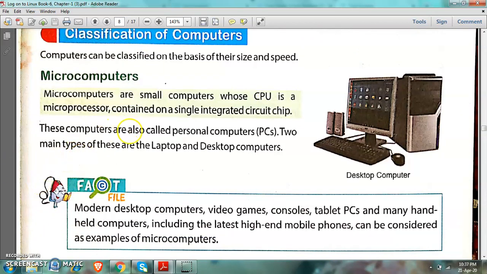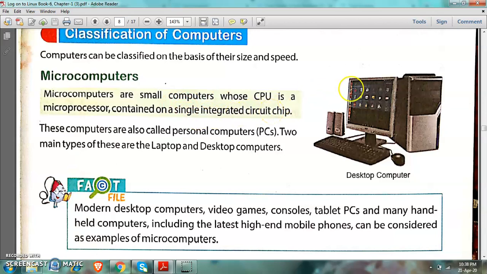These computers are also called personal computers. Microcomputers are small computers whose CPU is a microprocessor contained on a single integrated circuit chip.